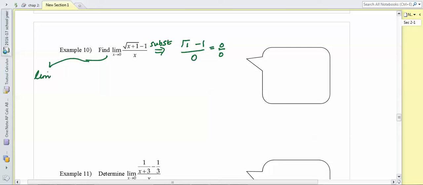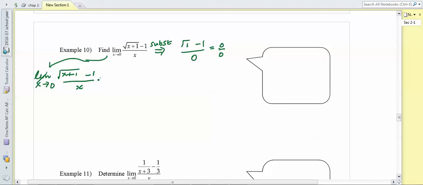So what we can do though is we rewrite. I have the limit as x goes to 0 of root x plus 1 minus 1 over x. My pen's giving me a bit of trouble today. And what we do is we're going to multiply numerator and denominator by the same thing. We're allowed to do that.